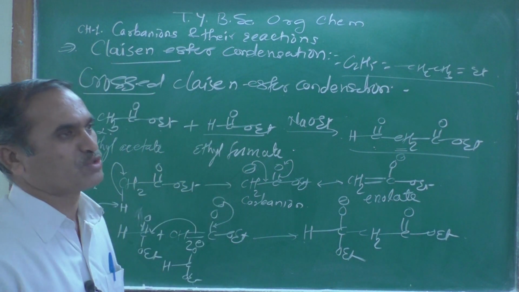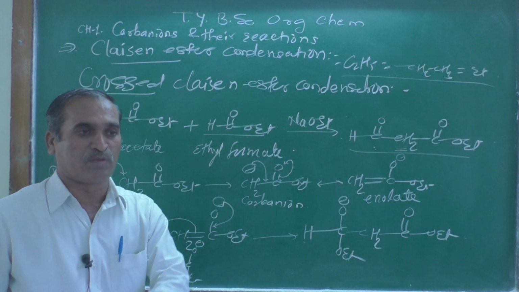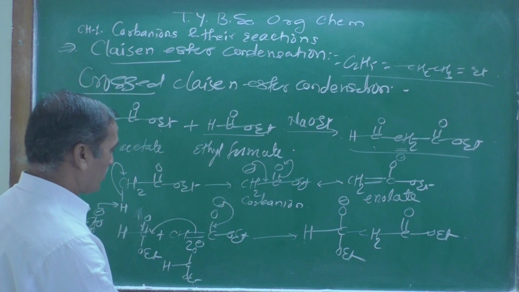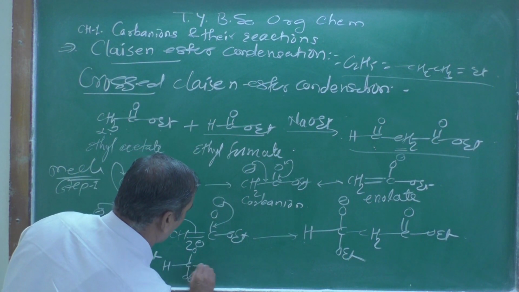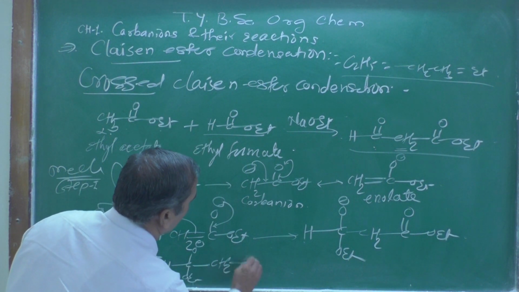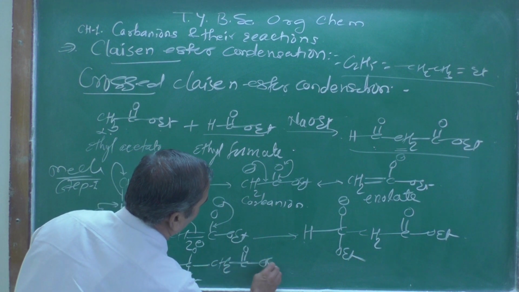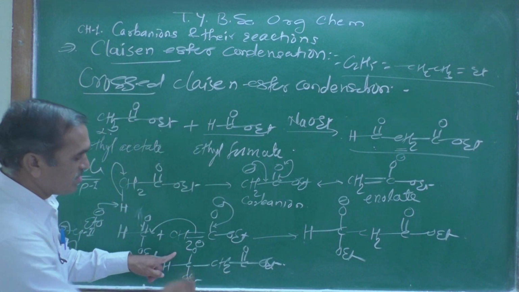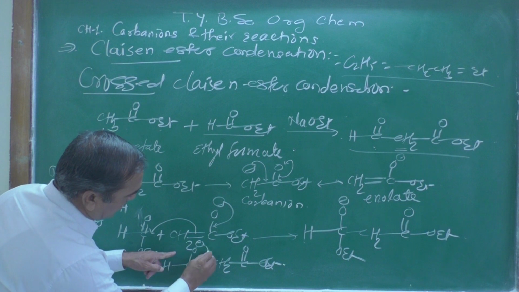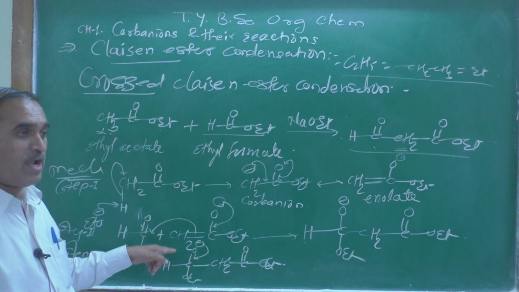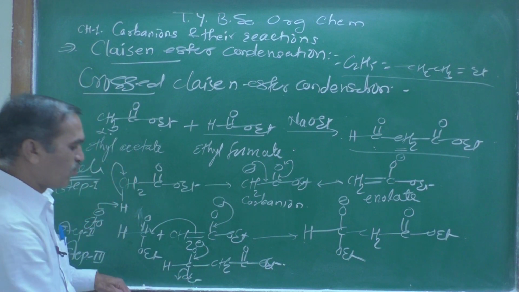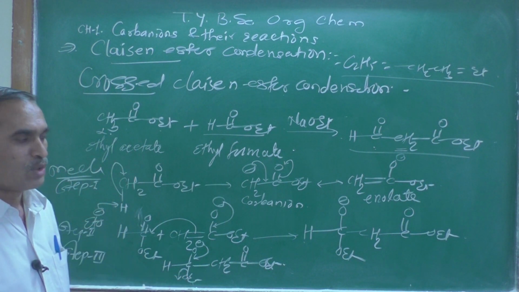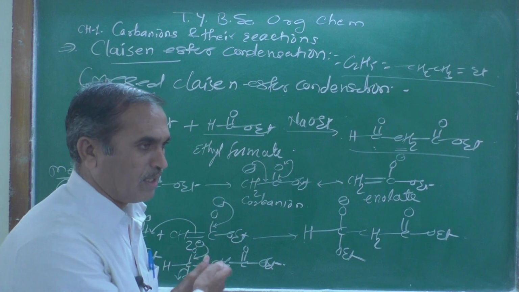That position is known as a geminal position, and geminal positions are highly unstable, and therefore what is going to happen here? CH2, C double bond O and OEt. Now this negative charge comes down, forming the double bond, and at the same time it pushes out OEt, which is a good leaving group. It leaves.